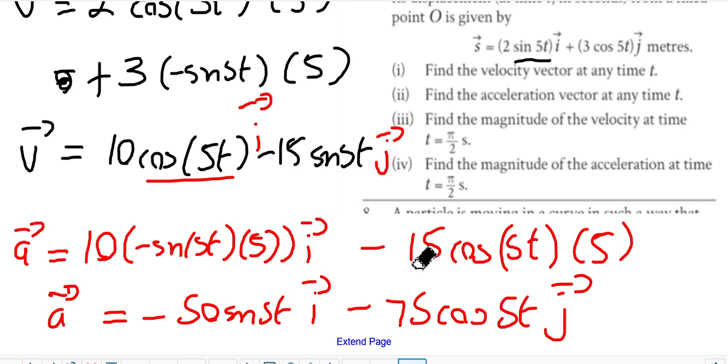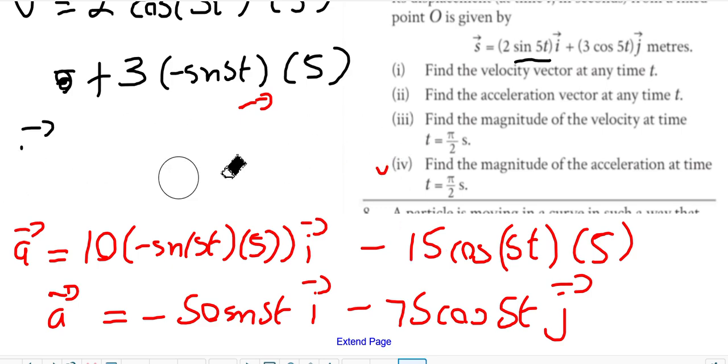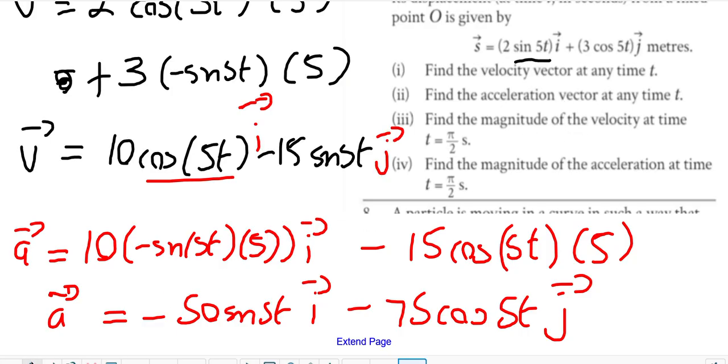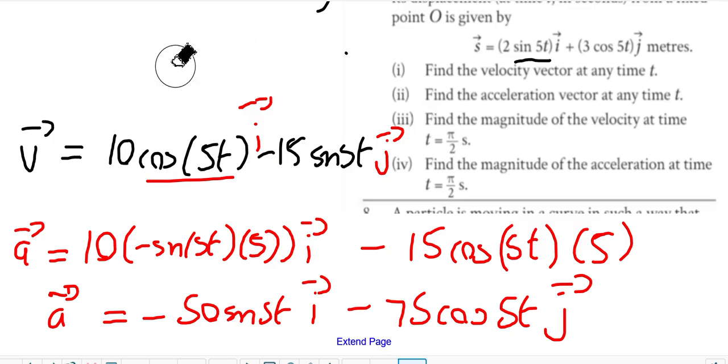Now here comes the fun part. So it's going to be relatively easy. Oh, sorry, I actually rubbed out the velocity, didn't I? Now, find the magnitude of the velocity at t equals pi over 2. Well, here's what I'm going to do.